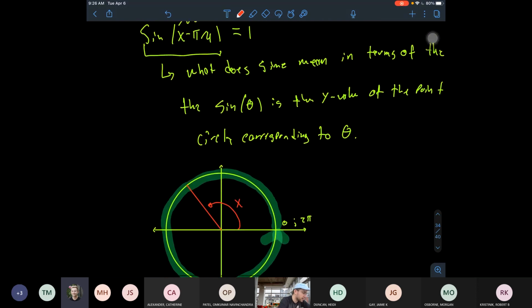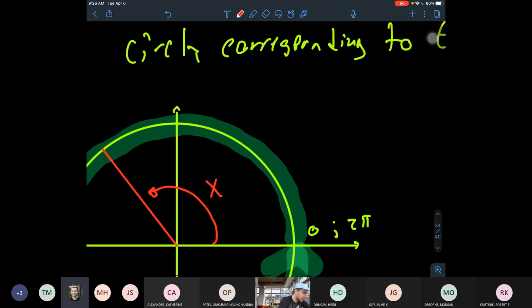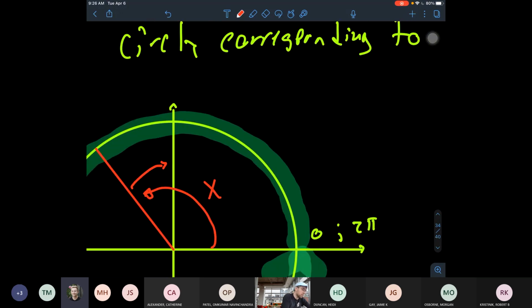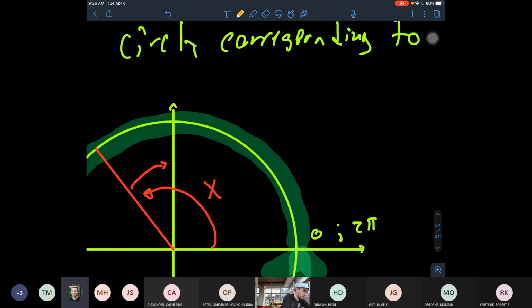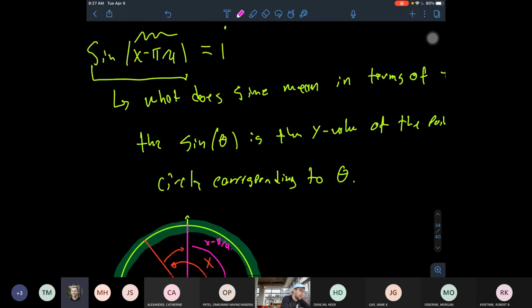So if our angle here is x, and then we count back from it by pi over 4, we get this new angle here, which is x minus pi over 4. We want the angle x minus pi over 4 to point at the point on the unit circle whose y value is 1, which is the point 0, 1.